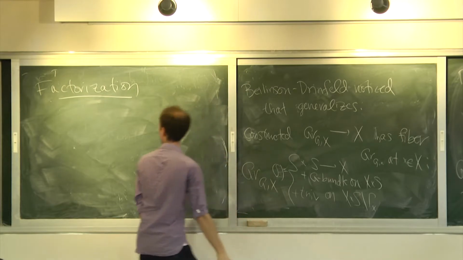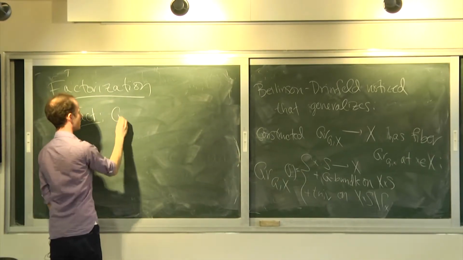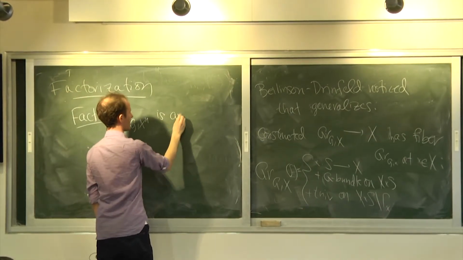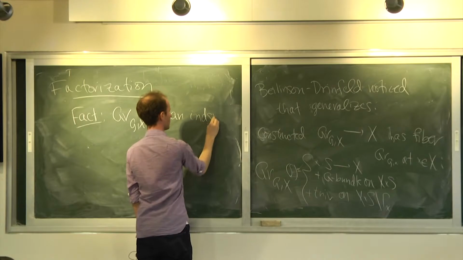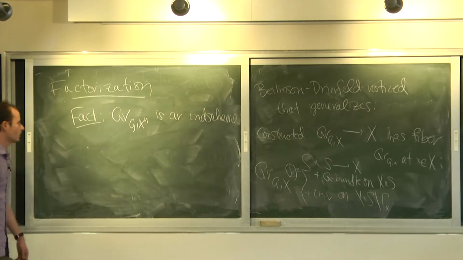Well, so a fact is that, first of all, G big X to the n is an ind-scheme. In fact, it's even a classical ind-scheme by the theorem of Dennis and Nick.